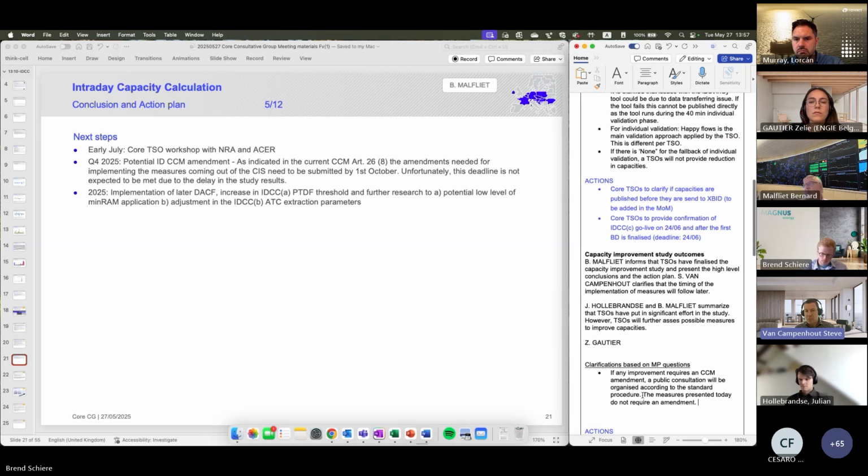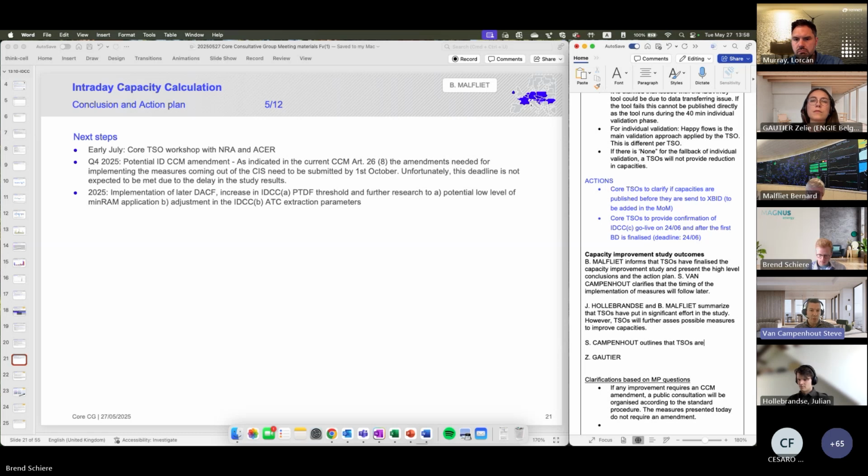So obviously, when there is a development in that, we will inform you about it. And then when there is an amendment, you will see it passing in a public consultation. Also, when we make more concrete the timings for the implementation measures we already agreed upon, these will have to be communicated. So we don't have them yet, but once we have them, we will inform you, of course.